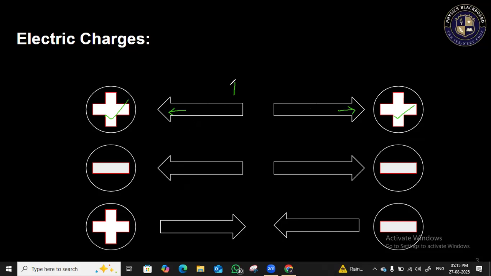That means they repel. The force of repulsion is observed between two positive charges. Likewise, if you take two negative charges and place them together, they also move apart. That is, there will be a force of repulsion between these two charges.